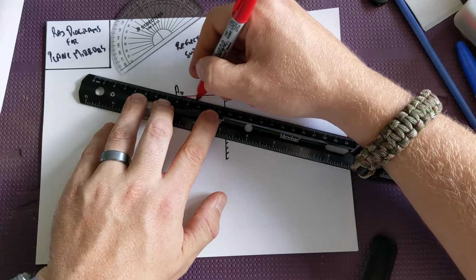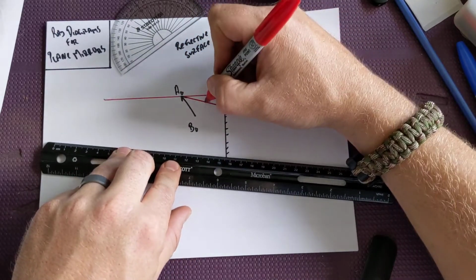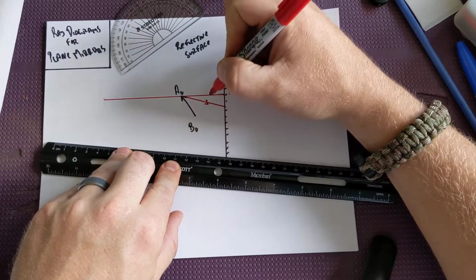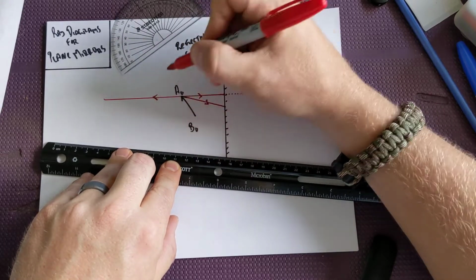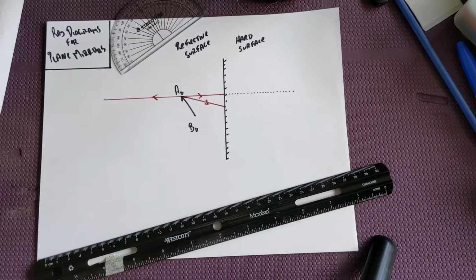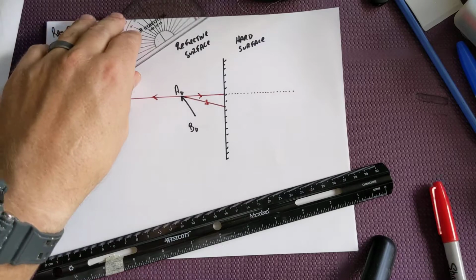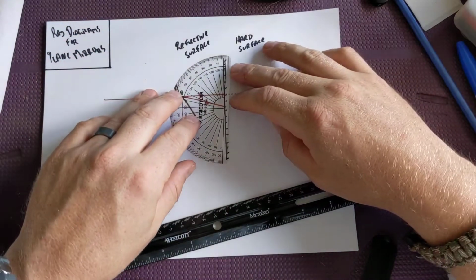It comes from the point and hits the mirror like this. Just to show you, the light travels this way and bounces off backwards. So now we have a ray that travels from the point and hits the mirror at an angle.